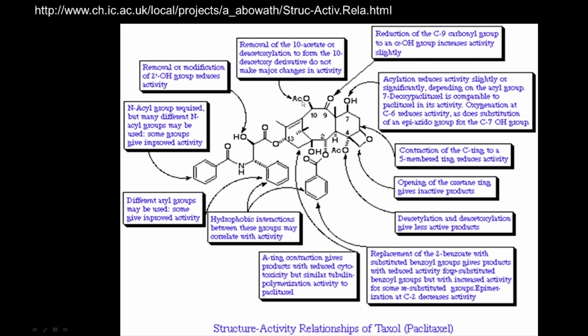Removal of the 10-acetyl group, or deacetylation to form the 10-deacetoxy derivative, does not make a major change in activity. So these positions do not have much effect. Acylation reduces activity slightly or significantly depending on the acyl group. So you see some locations have a major impact on activity, some have a minor impact.